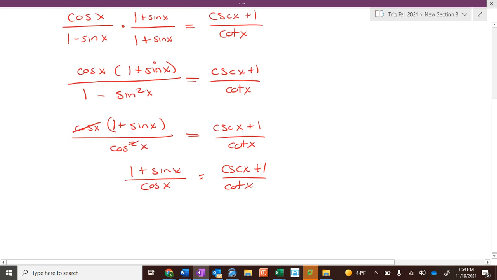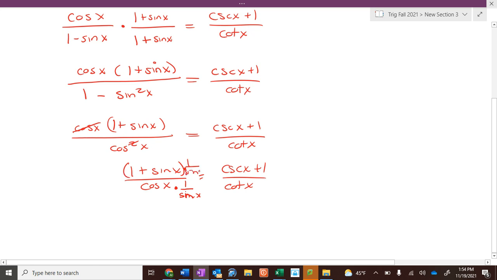Now, how does cosine relate to cotangent? What is cotangent in terms of cosines and sines? Cosine over sine, right? So to change this bottom into a cotangent, I could multiply this by 1 over sine of x, right? Whatever you do to the bottom, you always have to do to the top as well.